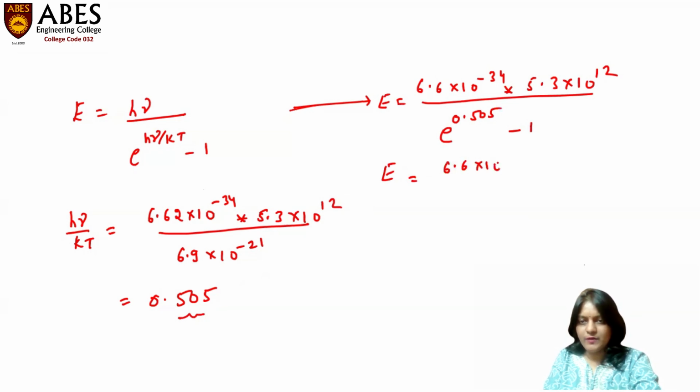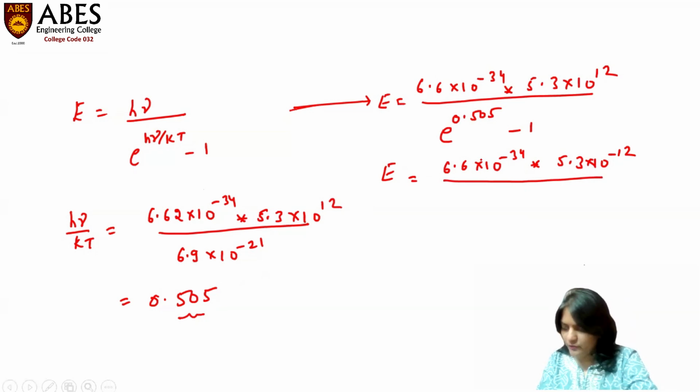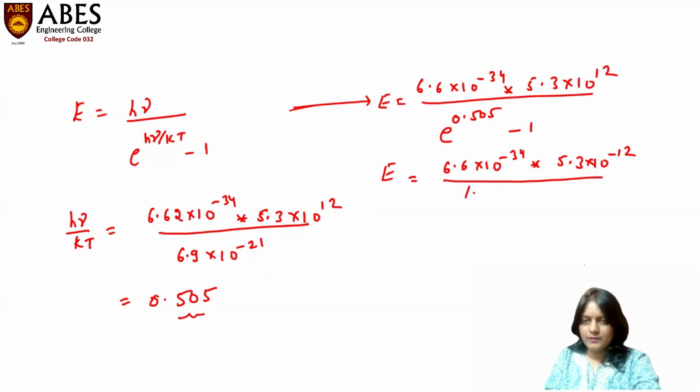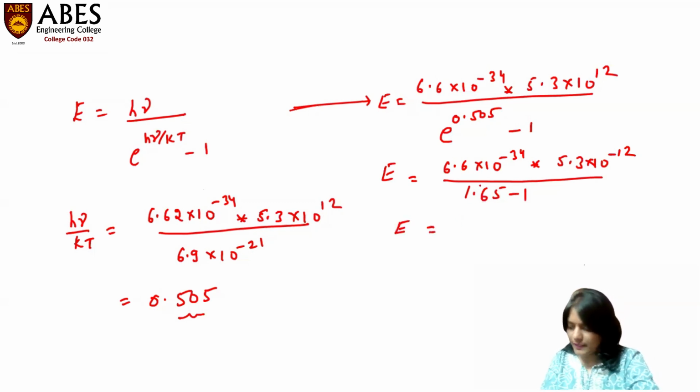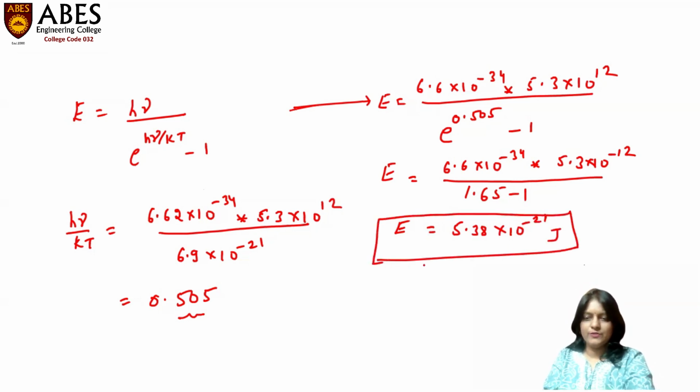So 6.6 × 10^-34 × 5.3 × 10^12 divided by exponential of 0.505, which is 1.65, minus 1. And the answer becomes 5.38 × 10^-21 joule. This is the energy of the Planck oscillator.